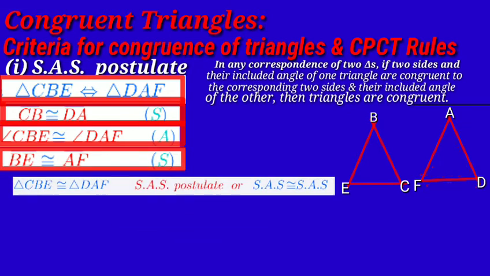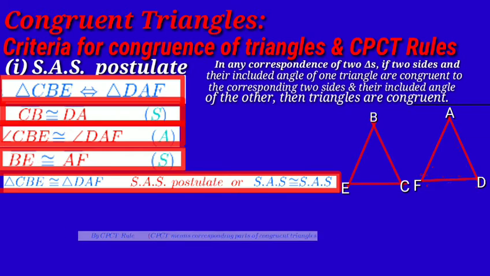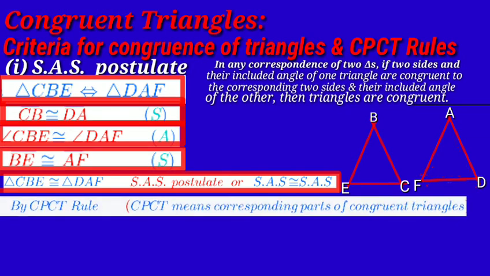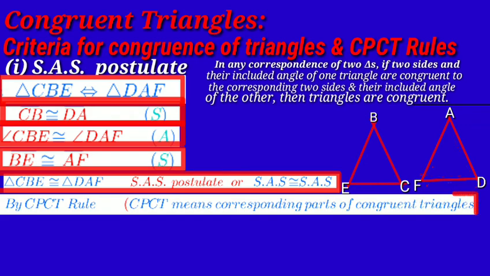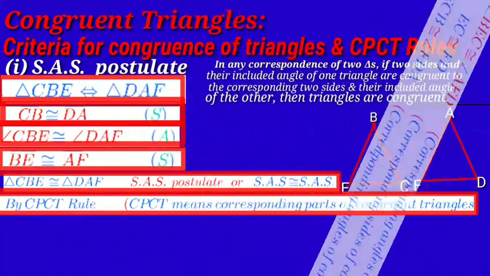Hence these two triangles are congruent by the side-angle-side postulate, and the remaining three pairs can be found by using the CPCT rule. CPCT means corresponding parts of congruent triangles.